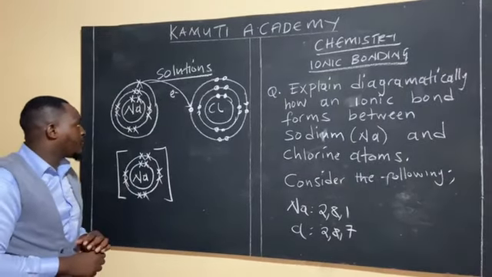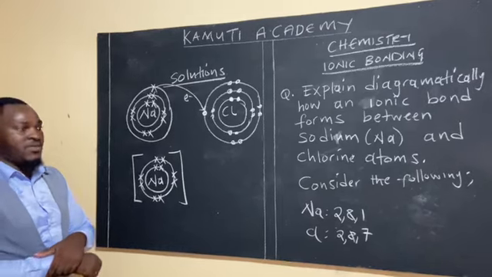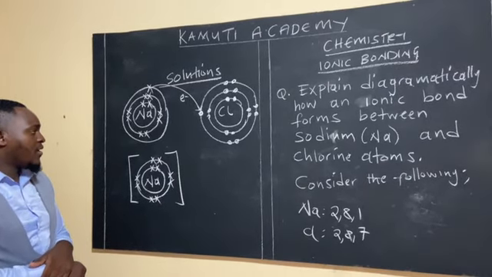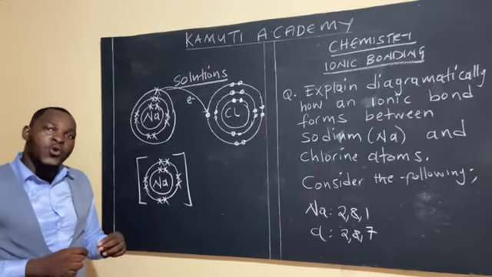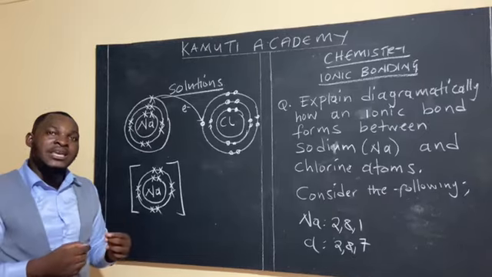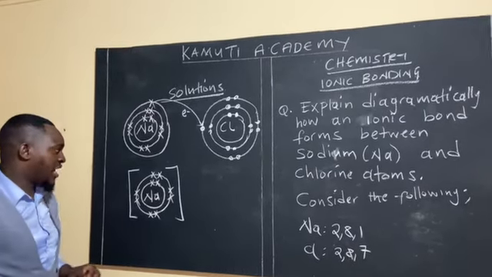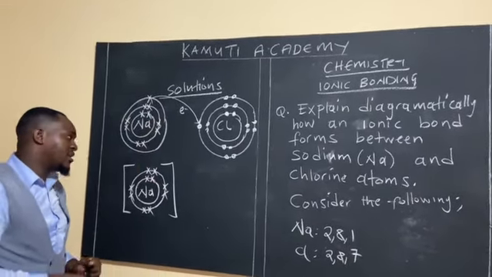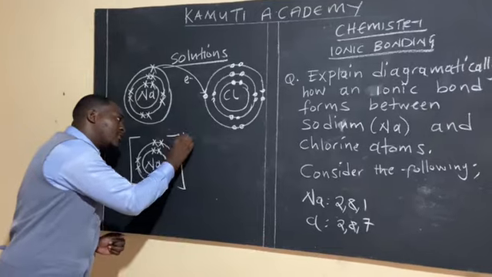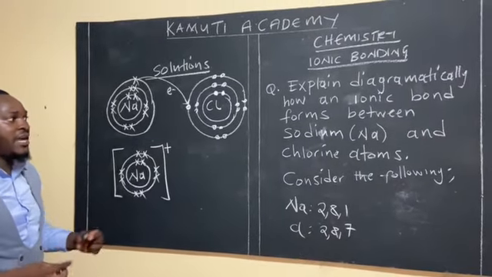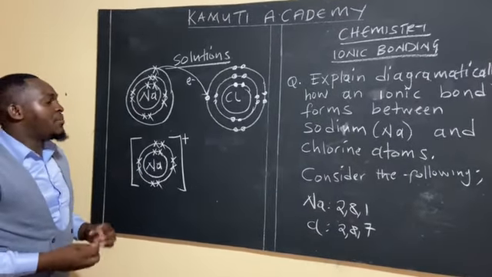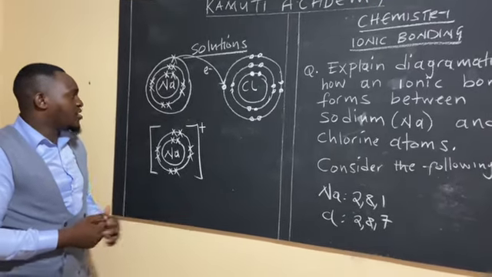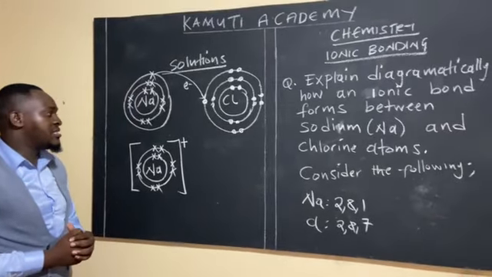I want you to observe something: when a metal loses an electron, it attains a positive charge. So this sodium has lost 1 electron, so I'm going to put a positive charge to signify that sodium has lost 1 electron.